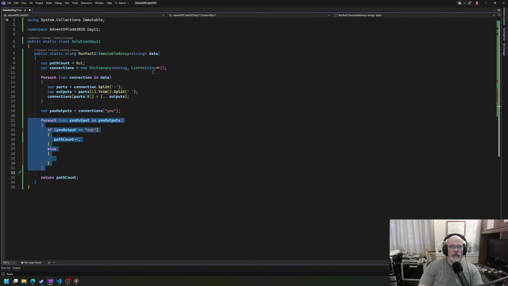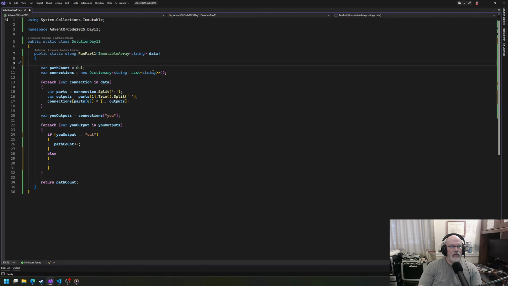So every time we go through it, if we hit the end, we just simply increment the counter. So static void examine outputs, and that'd be a list of string outputs. Actually, what we could say is string input. That's where you start.